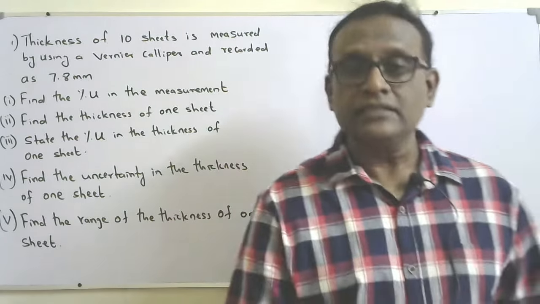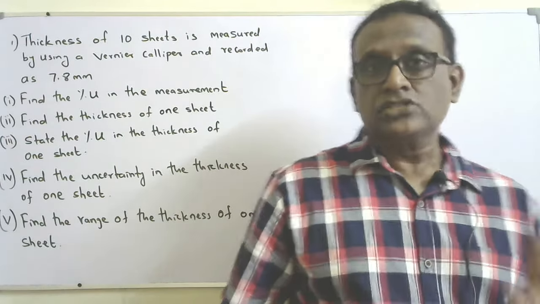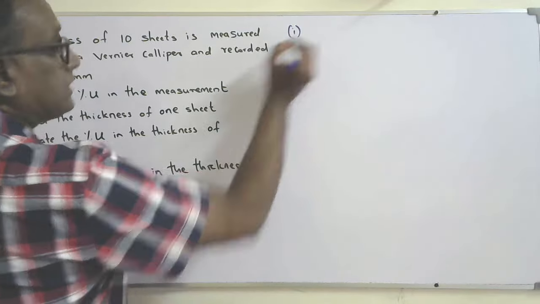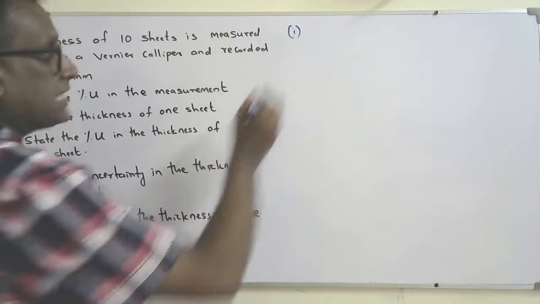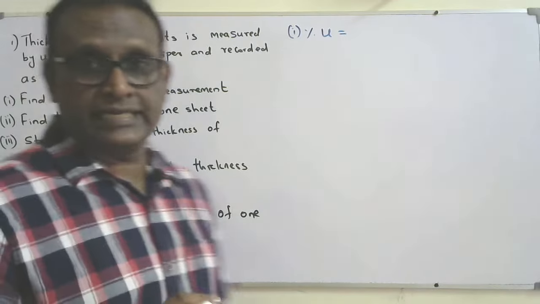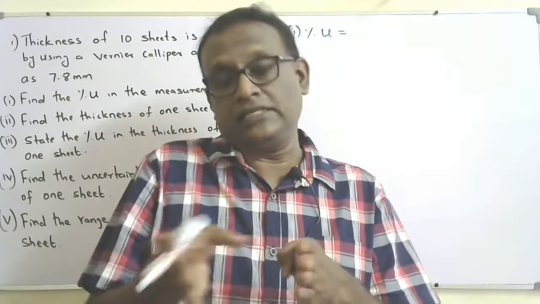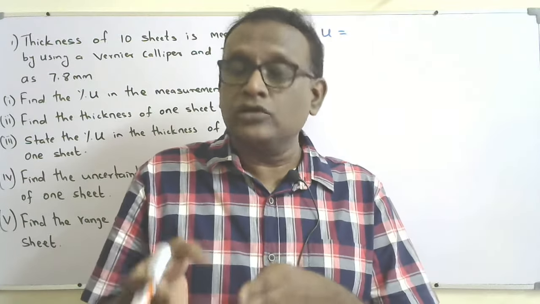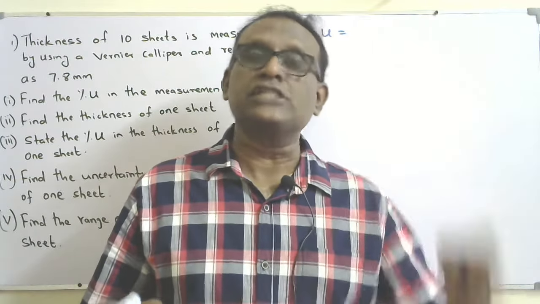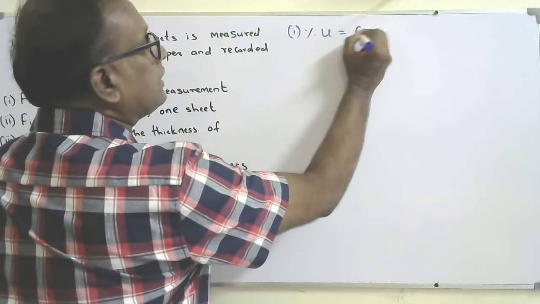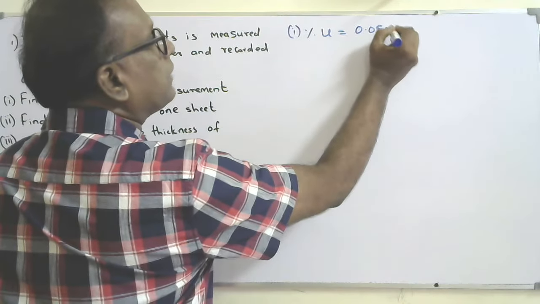So you are measuring the thickness of 10 sheets. What's the percentage uncertainty in the measurement? You know the equation: percentage uncertainty is equal to the uncertainty of the measurement over the measurement. The uncertainty in the measurement is half of the precision. You are using a vernier caliper, which has precision 0.1, so half of it is 0.05 millimeter.